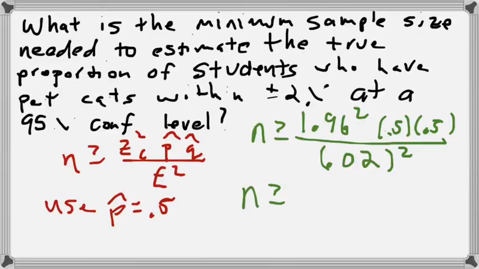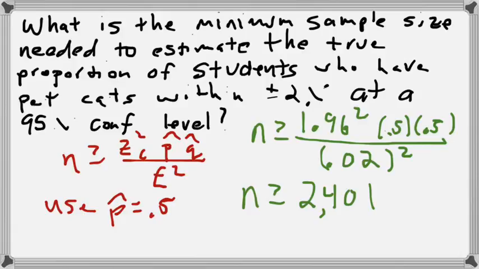So now I'm just going to put this all in my calculator. And if I did everything right, I got, wow, that's a lot of people actually, 2,401 people. You surprised? Is that a lot of people?